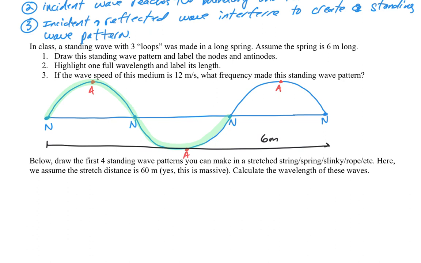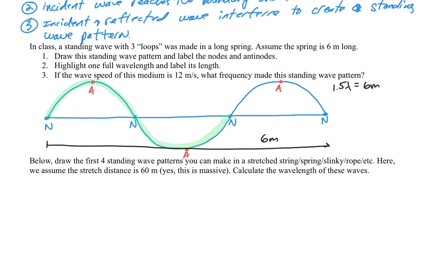But how would you get that if you don't see that? So here's how I do it. I take a look and I say, okay, from the start of the length to the end of the length, I can see how many loops there are. There are 3 loops, 1, 2, 3. How many wavelengths is that? That's one wavelength plus 1/2 of a wavelength. That means that 1.5 wavelengths is the same as the 6 meters, right?